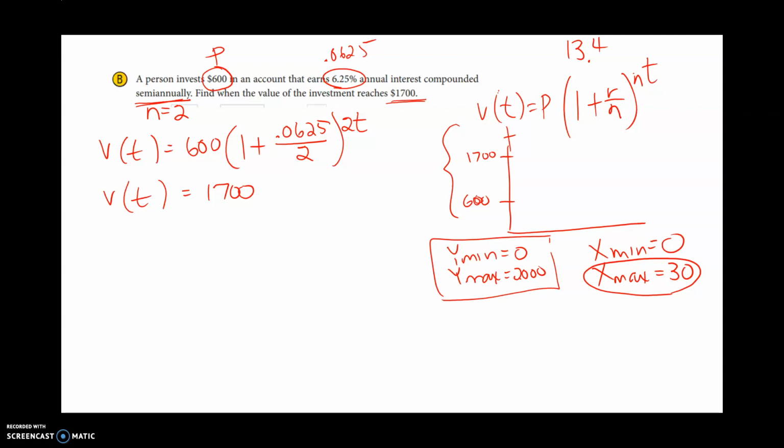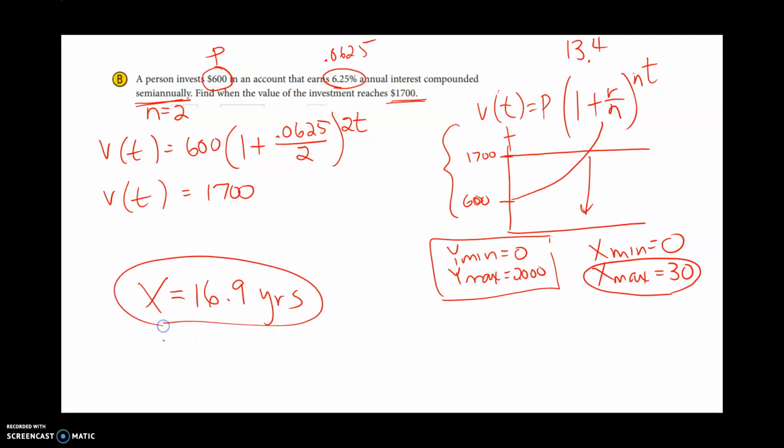Yeah, I'm going to see it pretty easily because the graph looks like it's doing this. All right, so we're going to see the intersection. Second, trace, intersect. First curve, second curve, guess. So it's actually 16.9 years.